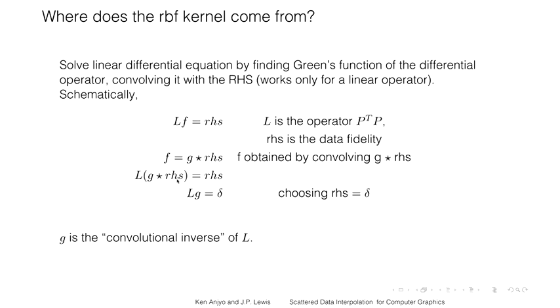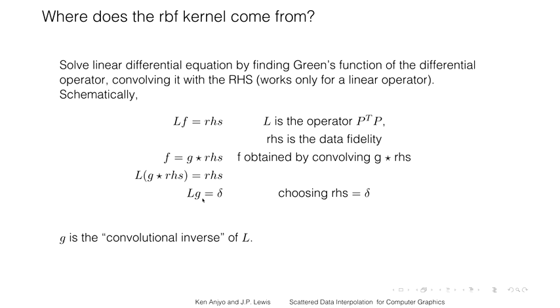But so what this means is this equation, which is saying that the g thing, whatever it is, has to be the inverse of L in a convolutional sense. So it's a convolutional inverse. Now, if you recall, those of you who know signal processing, there's the convolution theorem, which says that convolution in time or space is equal to multiplication in frequency.